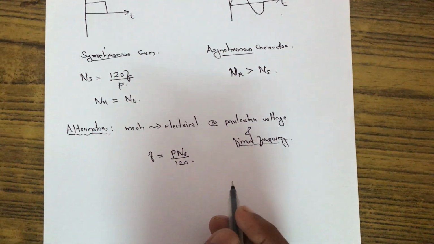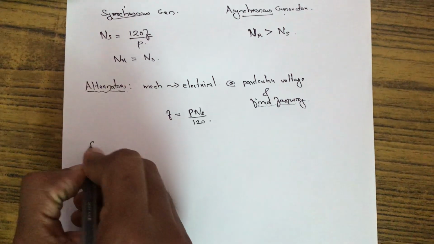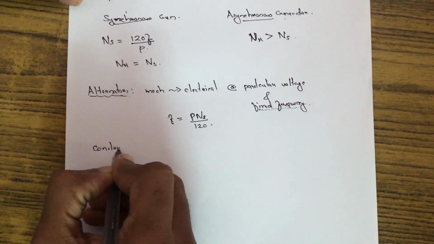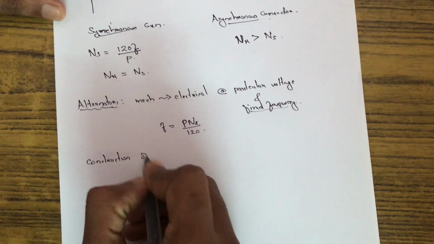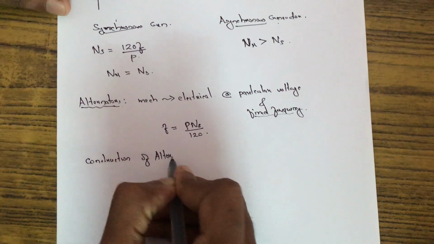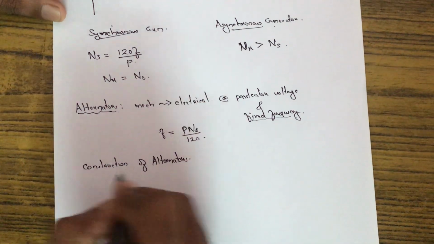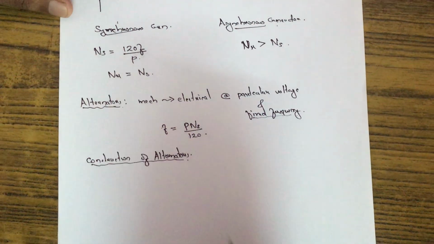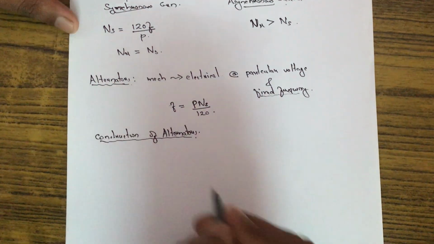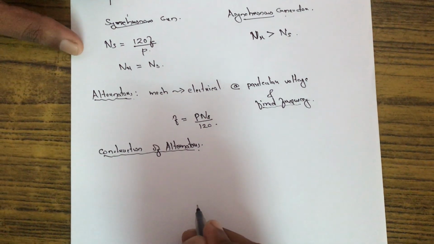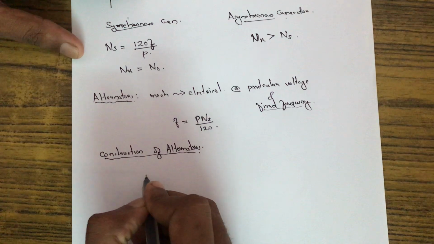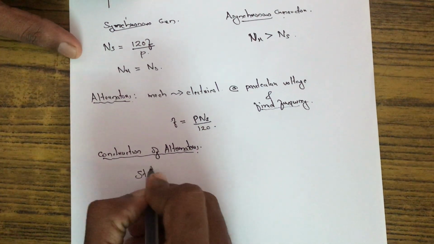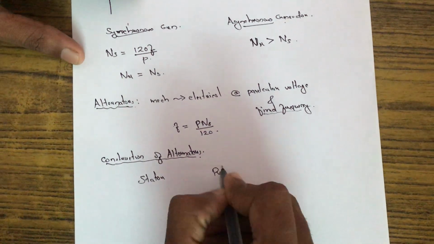Now let us see the construction of the alternator. An alternator is a rotating machine. As with any other rotating machine, it consists of a stator and a rotor.